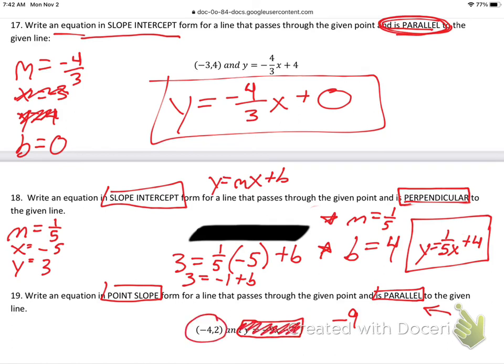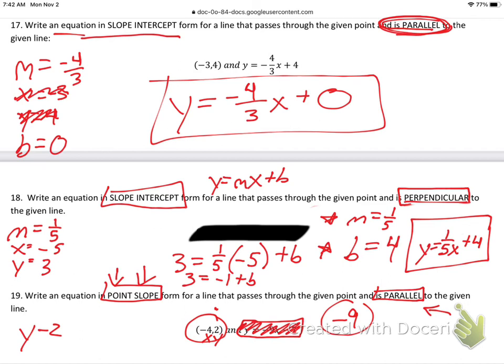Then I have this point, and I have this slope. So just like it says right here, point slope form, I've got a point and a slope. I can make an equation. So y, and then the opposite of 2, so it'd be -2 because it's the opposite.